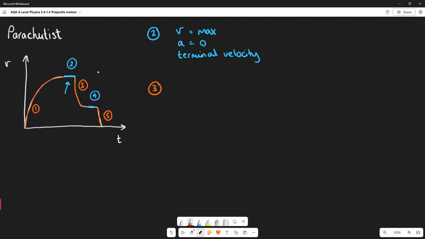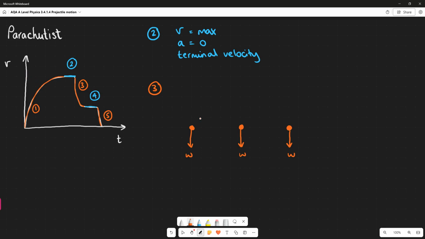Okay, in this section number 3, over here, the parachutist opens their parachute. So let's draw some more force diagrams. Remember that their weight is going to be the same no matter what. Now remember that they're travelling at a very high velocity at this point.